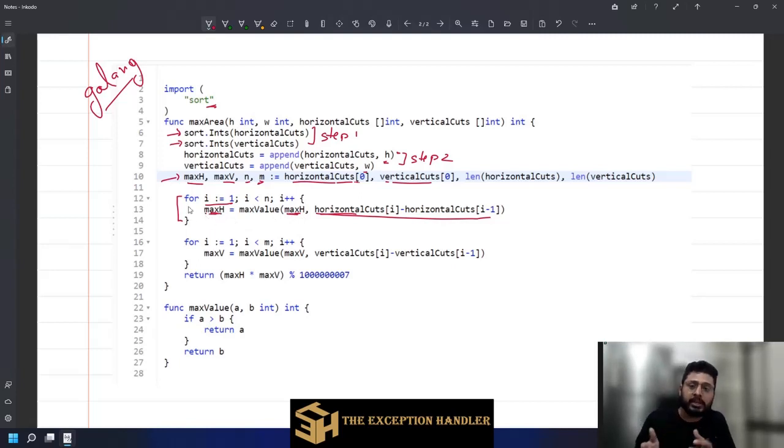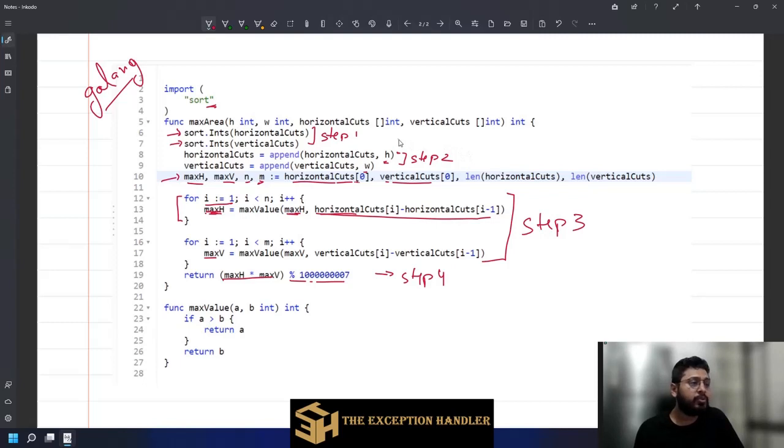So after the complete iteration, I'll have the maximum values stored in max height and max width. Then I multiply them and do the modulus. So this is the code. This part, finding the maximum, is step 3, and this is pretty much step 4.